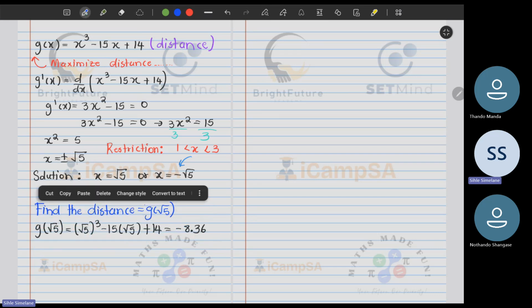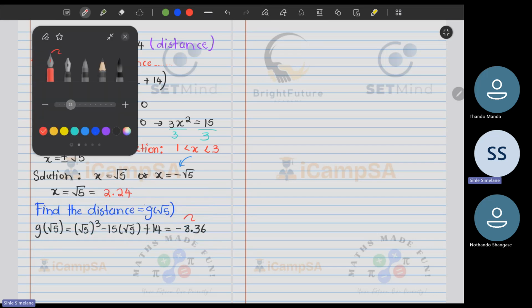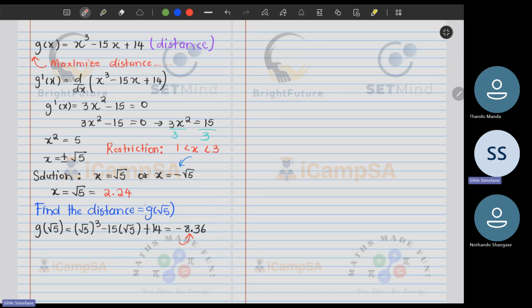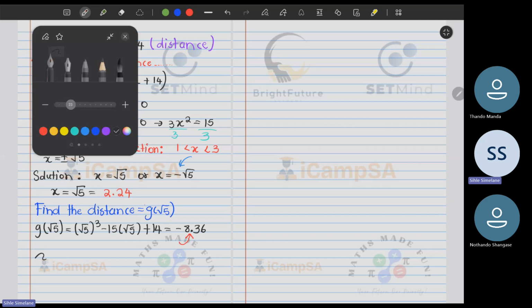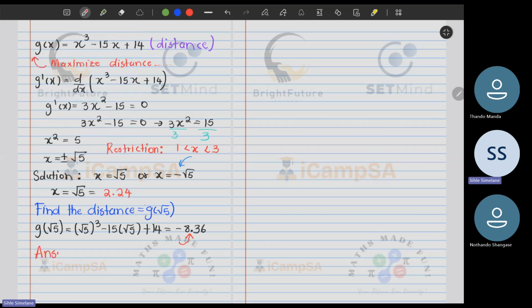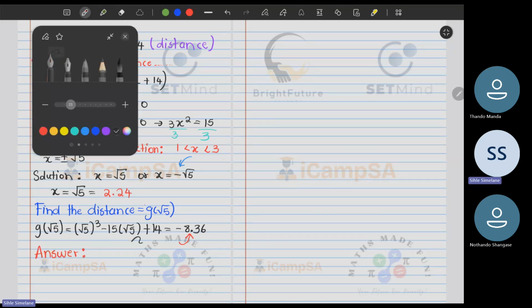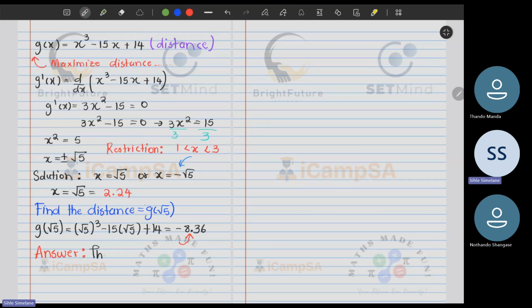So why is it negative? It is negative because maybe we might have switched the order of the graphs. So maybe the other one is at the top, the other one is at the bottom. But what we can conclude is our answer is the following, which is that the maximum distance is 8.36 units.